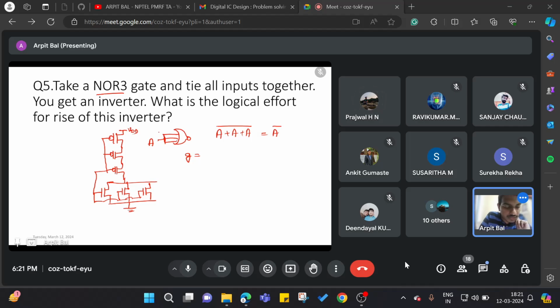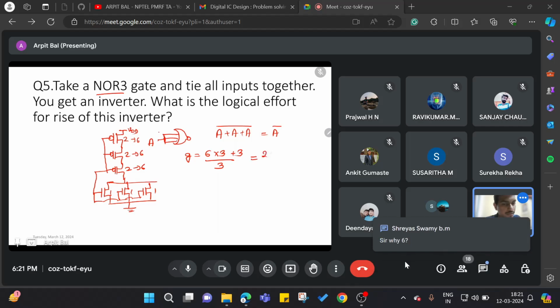In this case, both of them have symmetric swing, so the G rise and G fall will be the same. Because all 3 inputs are shorted, it is 6 into 3 plus 3, whole divided by 3. That is going to be 7.